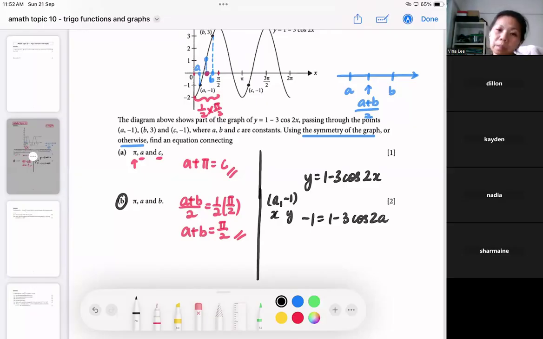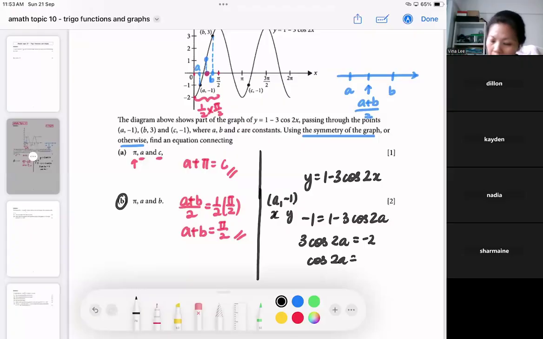I literally just make use of the X and Y coordinate, put it into the equation, and shuffle them around.